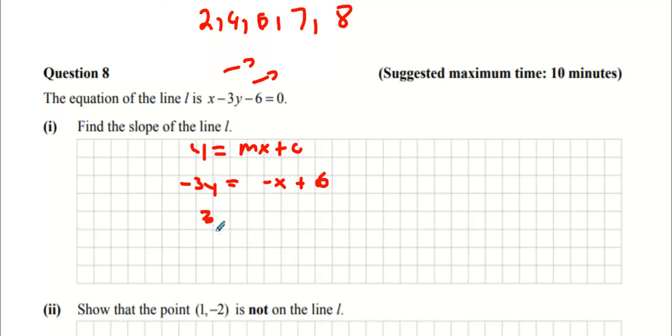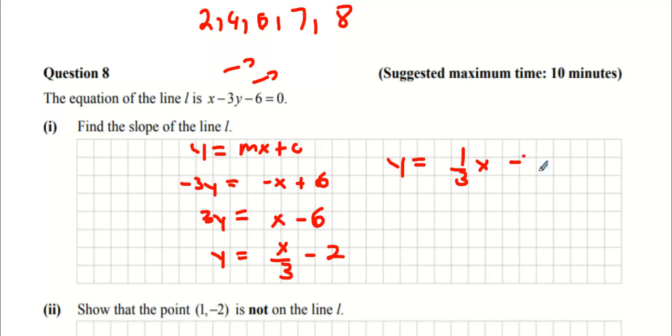Multiply both sides by negative. 3y equals x minus 6. Divide both sides by 3. y equals x over 3, and then 6 divided by 3 is 2. This means that y equals 1/3 x minus 2. It means it crosses the y-axis at 0, minus 2, because the c value is minus 2, and the m value is 1/3.